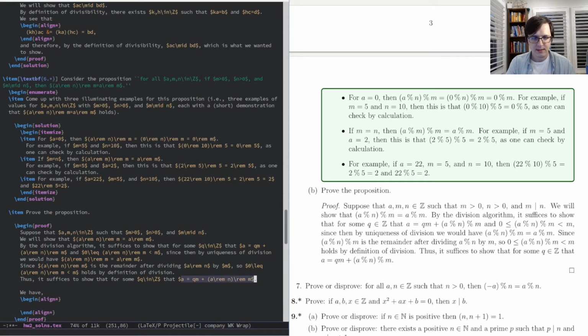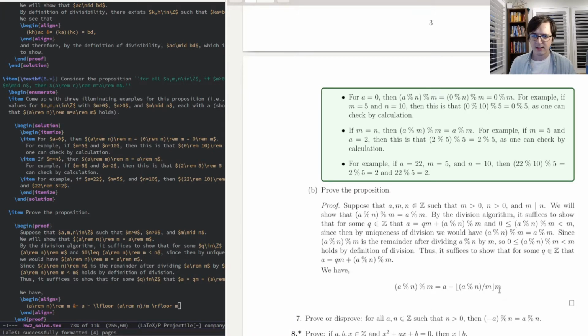So, let's use one of the ways of representing a remainder, which is a minus the quotient of a rem n by m. Doesn't really matter what this number is, it will turn out, I'm pretty sure. So there's some multiple of m we can subtract from a to get this remainder.